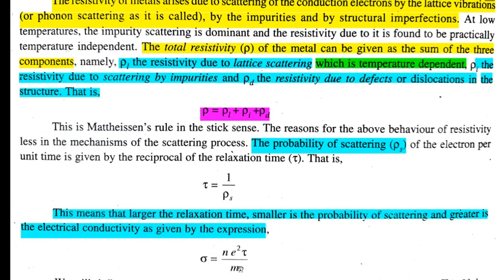So ideally it should be m star. In the resistivity you saw it would be m star upon n square tau.